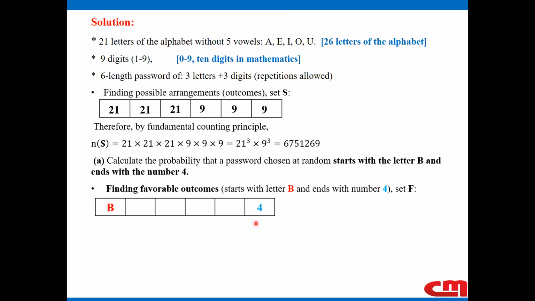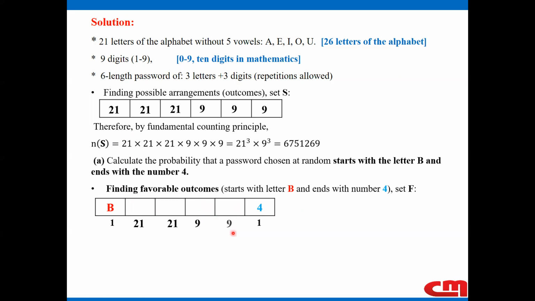Therefore, to fill this position, that is the second position for the letters, we still have 21 letters. Then after this is done, still repetition allowed, we still have another 21 letters. Then we are through with the letters, we go to the digits, right? This position, we still have the 9 digits to occupy.